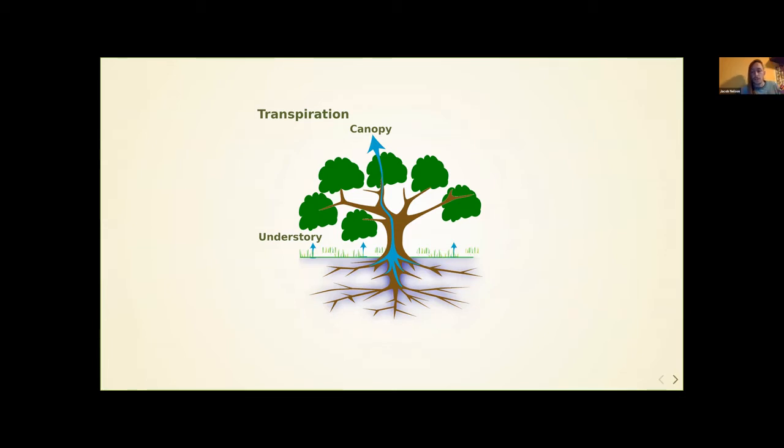In contrast to the biologically controlled flux, you have the abiotic evaporation, such as evaporation from the soil or intercepted from surfaces. So really, we want to separate the biological component from the abiotic component.